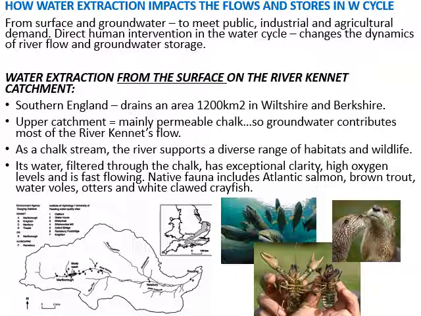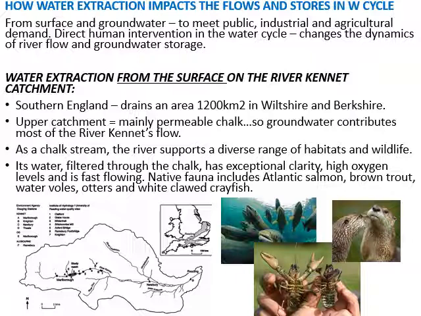And then humans are obviously extracting water as well to use it for public, to use it for industry, to use it for agriculture. So for example, the River Kennet here, which is in Wiltshire and Berkshire in southern England, you've got a picture there that shows you where it is and the drainage basin itself. It's a chalk upper catchment, so you've got lots of water being stored beneath the surface.